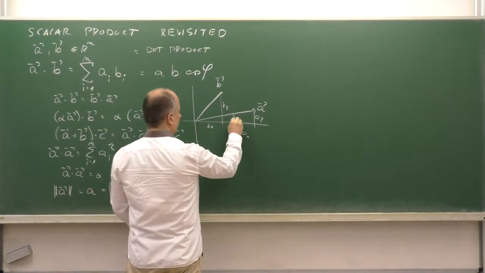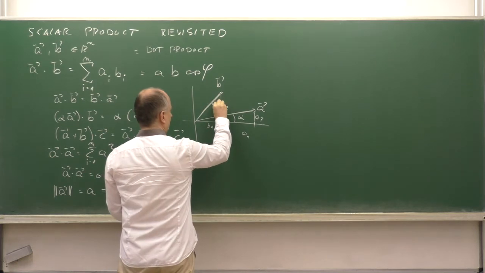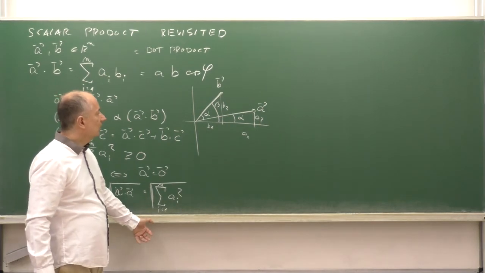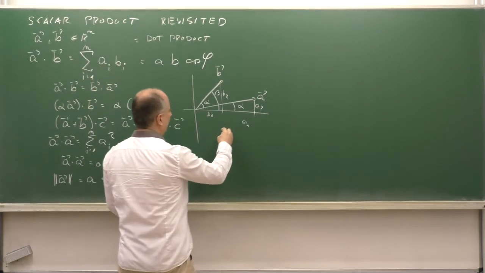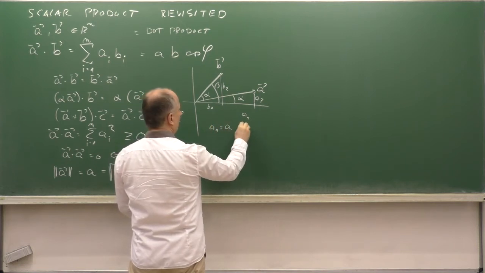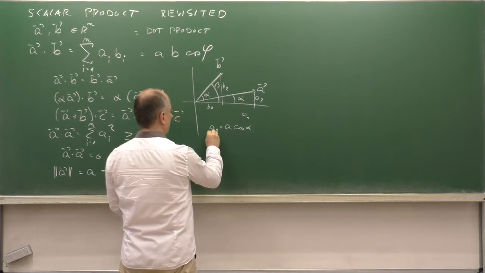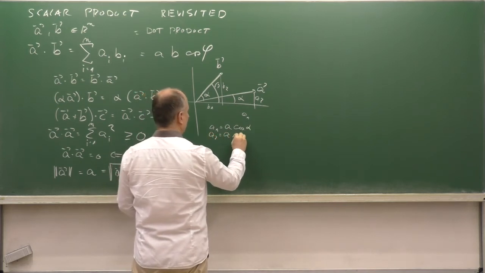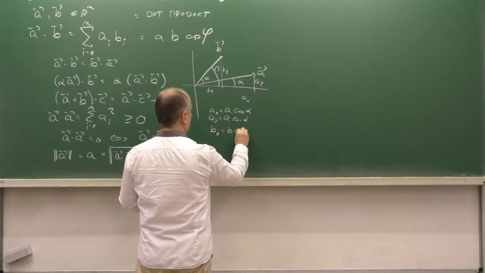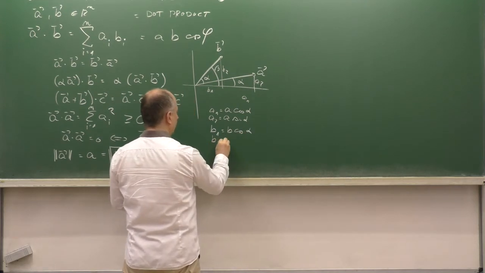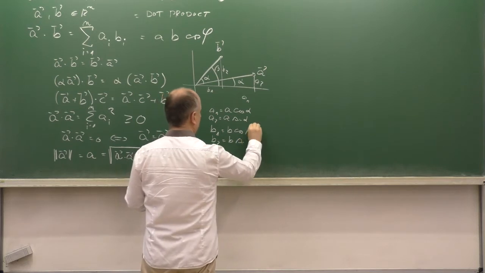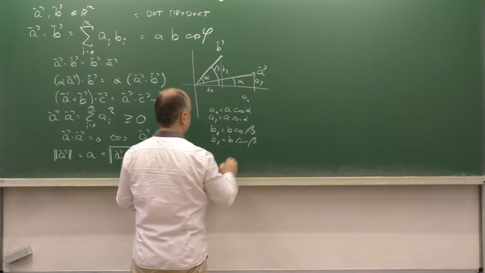And if we denote this angle alpha, this angle beta, and the angle between the two vectors phi, then we have a few obvious identities, namely A1 is A cosine of alpha, A2 is A sine of alpha, and similarly B1 is B cosine of beta, and B2 is B sine of beta.